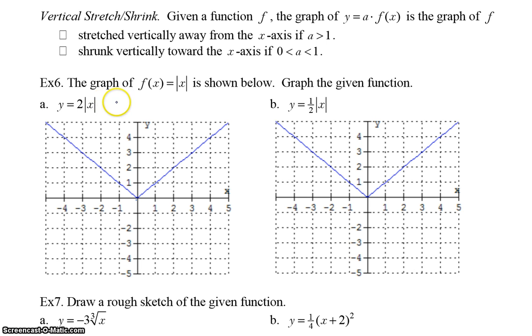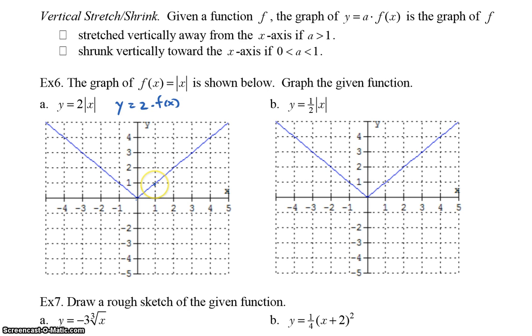First one is 2 times absolute value of x. Now that in this case would be y equals 2 times f of x. So here it's a multiplication by 2, and since 2 is greater than 1, that's going to be a vertical stretch where the points are going to move away from the x-axis. Each point will move twice as far from the x-axis as it was originally.